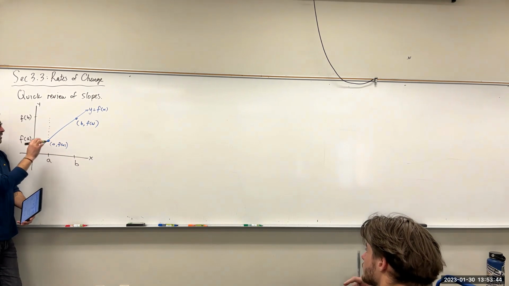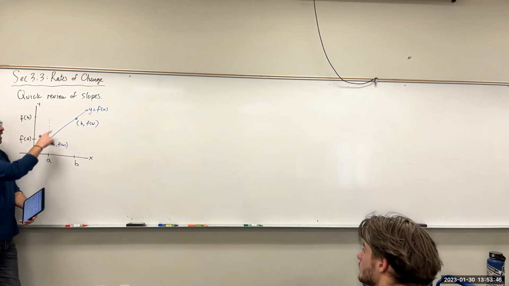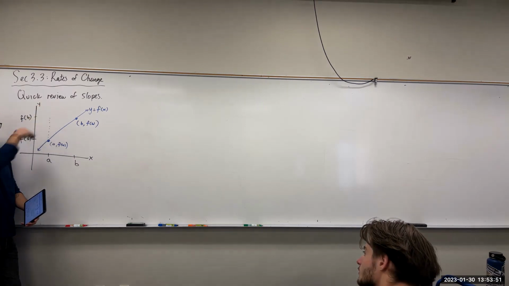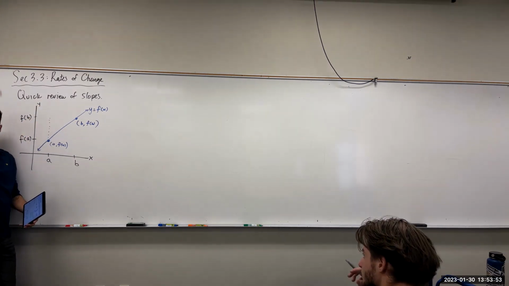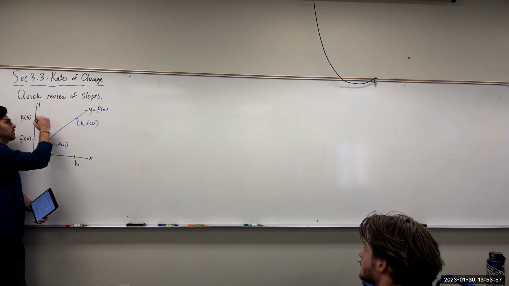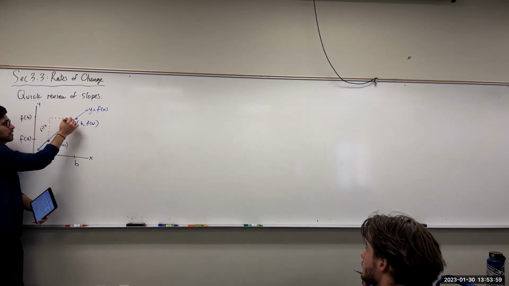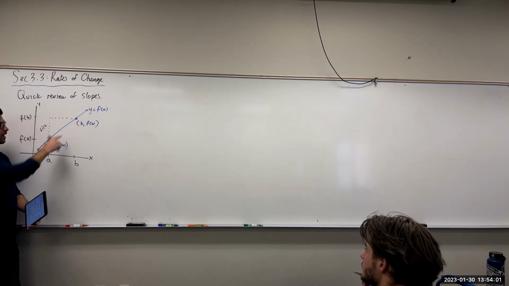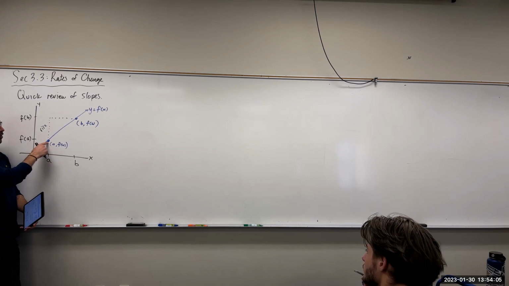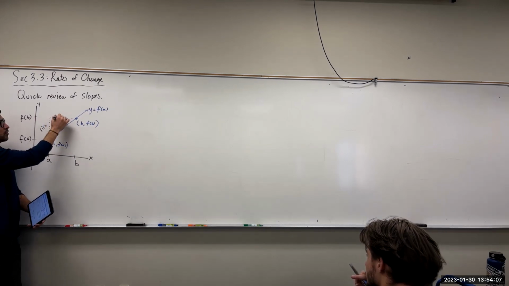The rise is, if I pick a point on the line and I pick another point on the line, how much did you rise? How much did you change the y values by? That's what we're going to call the rise. And then the run is how much do the x values change? What was that horizontal change to go from this point to this point? That's what we're calling the run.